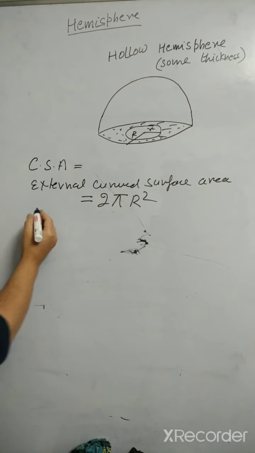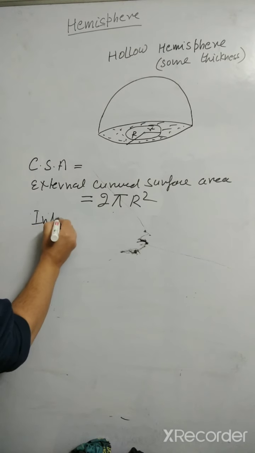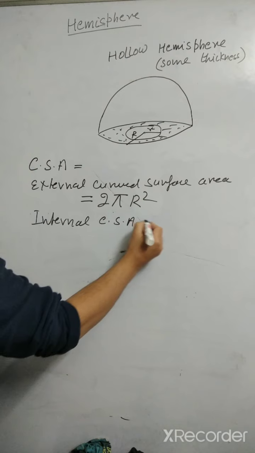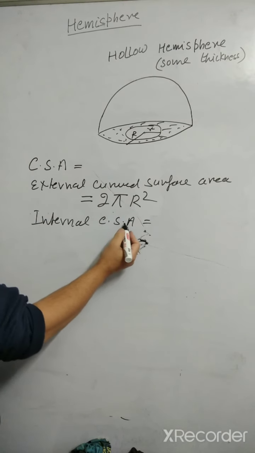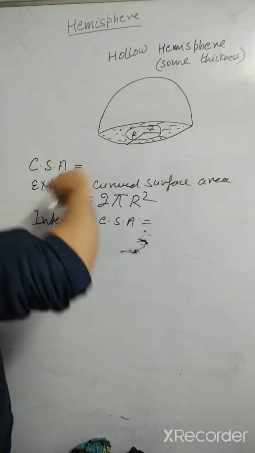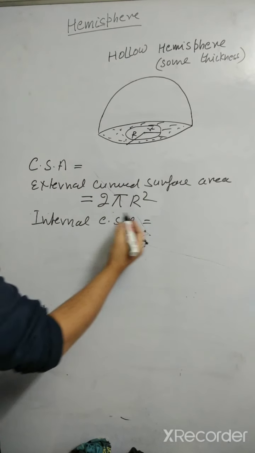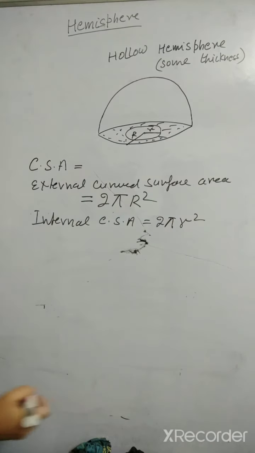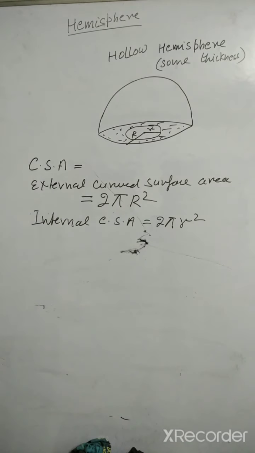Right? Now if you are asked to find the internal curved surface area, we'll take the internal radius because from inside also it will be spherical. So it will be 2 pi small r square. This is the internal curved surface area. Got it?